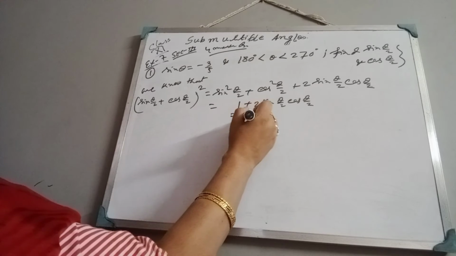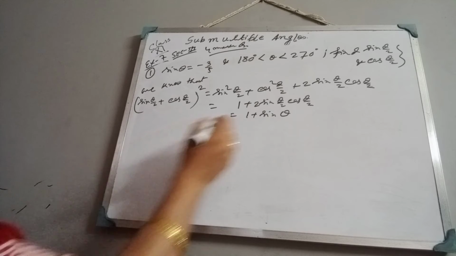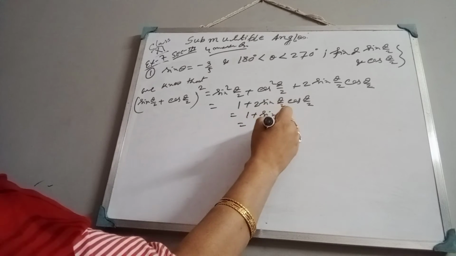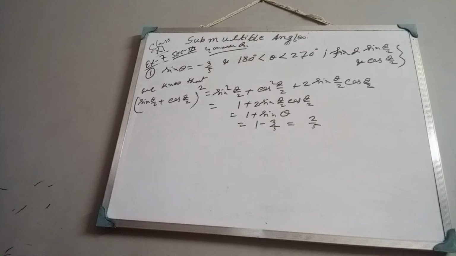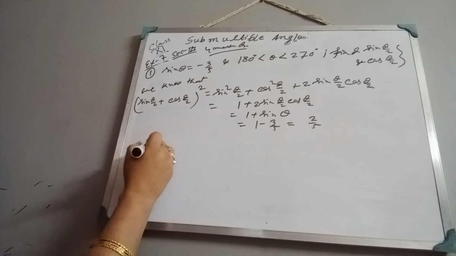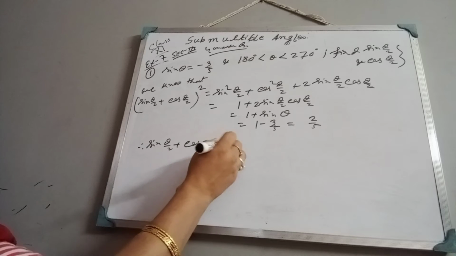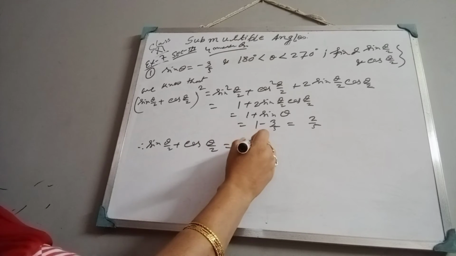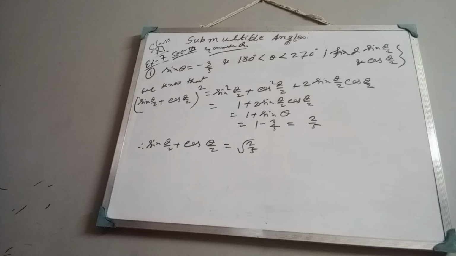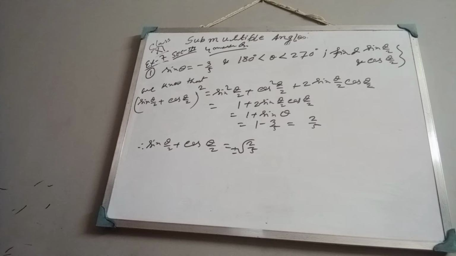Okay, so this is coming 1 plus sin theta. Now sin theta value is given to us, so 1 minus 3 by 5. 5 minus 3 is 2 by 5. Okay, therefore sin theta by 2 plus cos theta by 2 whole square is this, so this is equal to plus minus square root of 2 by 5.